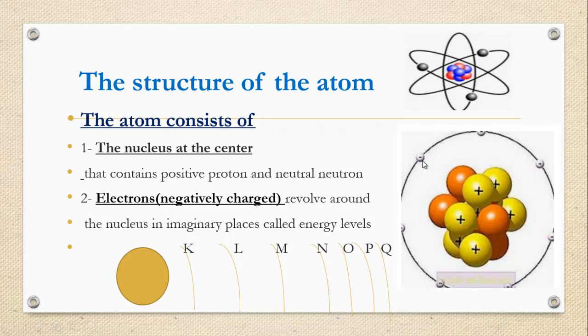Each electron has a negative charge. What about their location? Protons and neutrons are found inside the nucleus, but electrons are outside the nucleus and revolve around it.